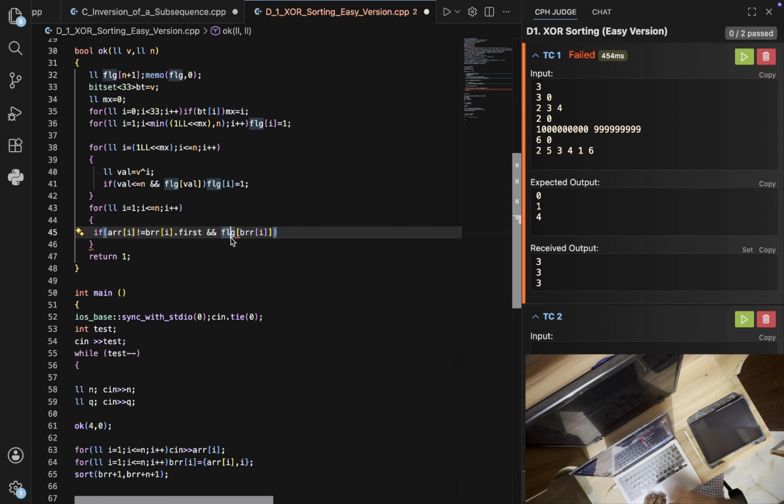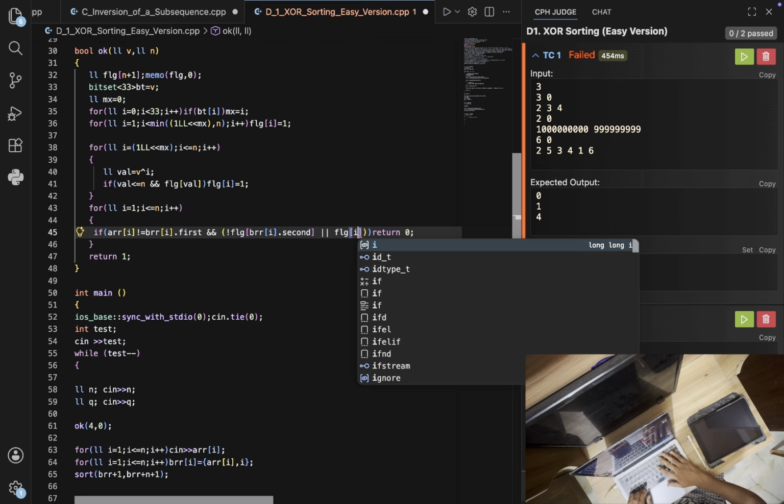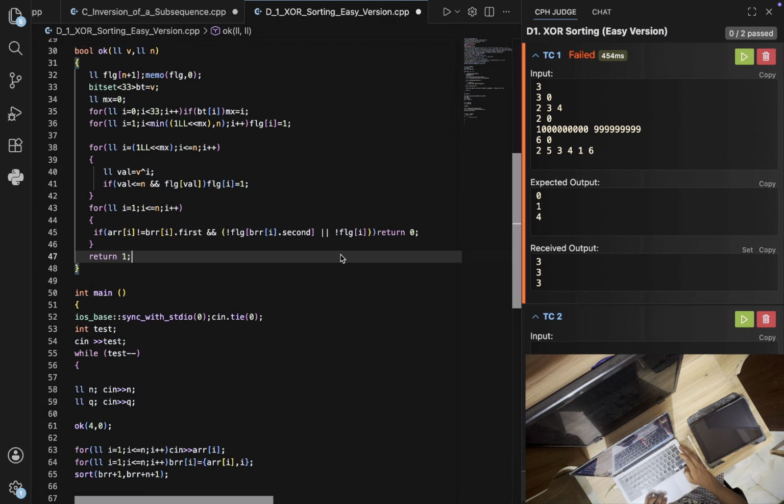If the values are not equal and both positions are not marked, or any of the positions is not marked, then return 0.